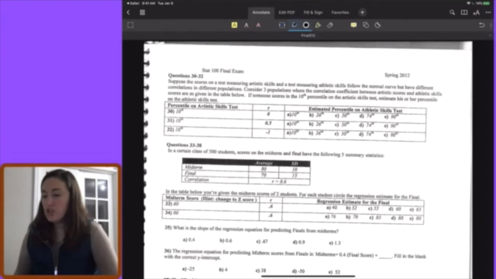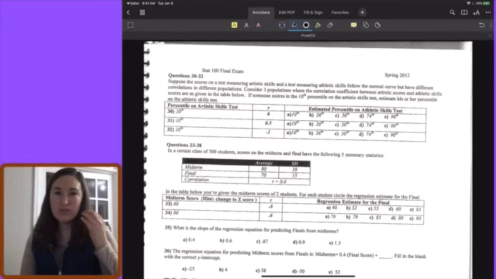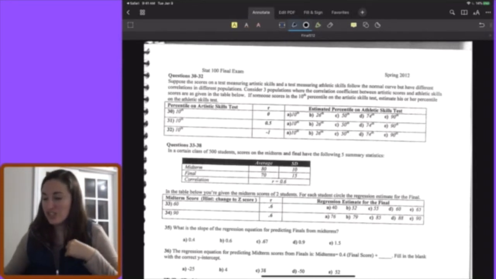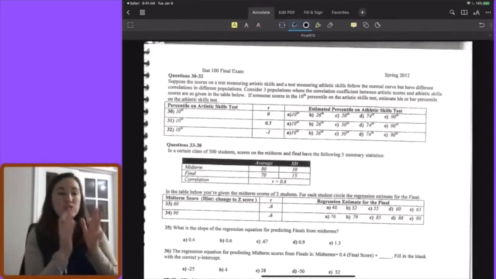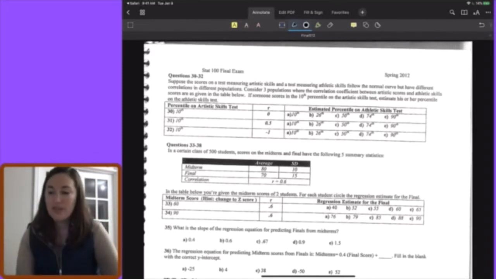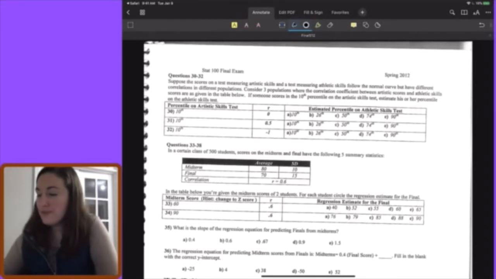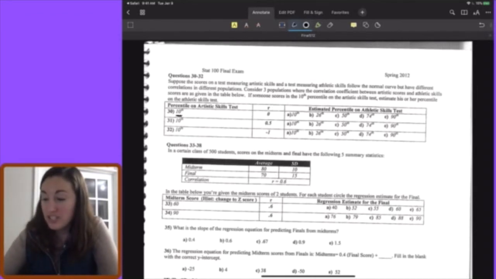Okay, so essentially here we know this data follows the normal curve, and we want to make a prediction. So this is exam 2 material. We're getting into regression using one variable to predict another. And in this case, we're looking at art skills and athletic skills. So for 0, if there's no correlation, that one right off the bat, I know that this 10th percentile doesn't really mean anything because there's no correlation.